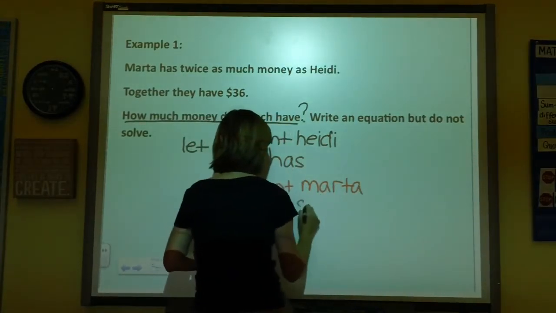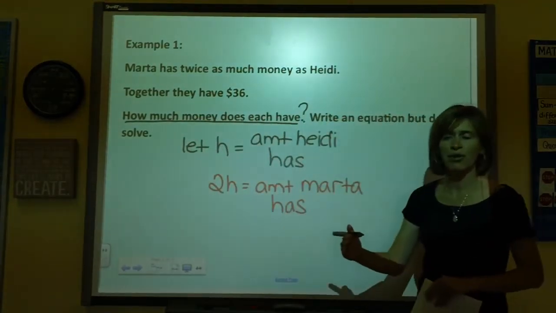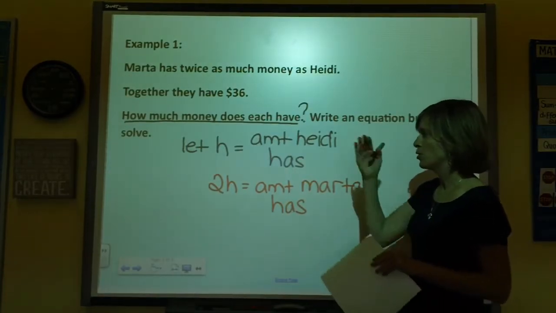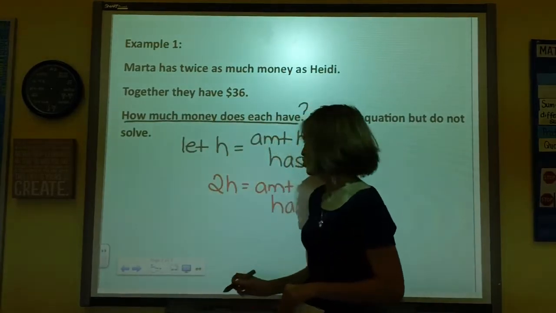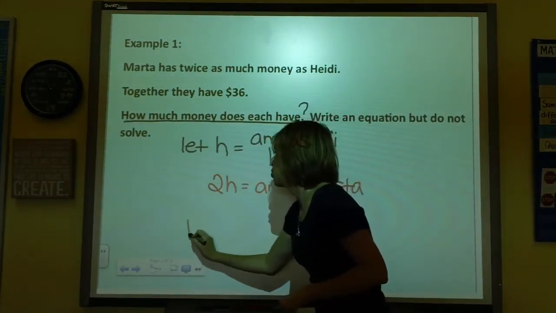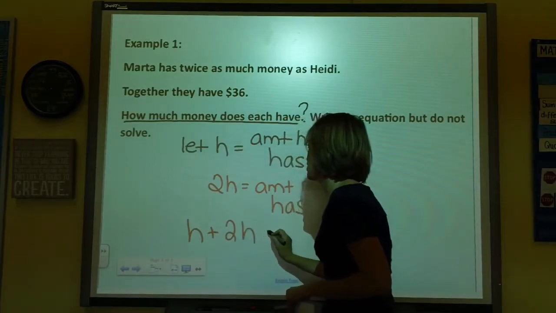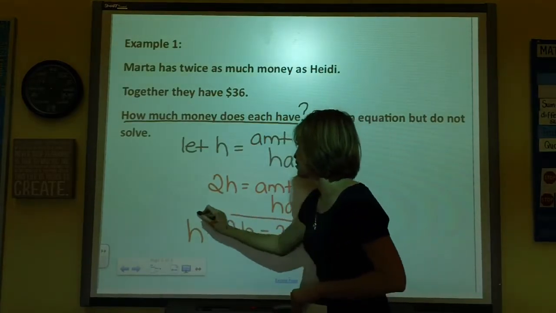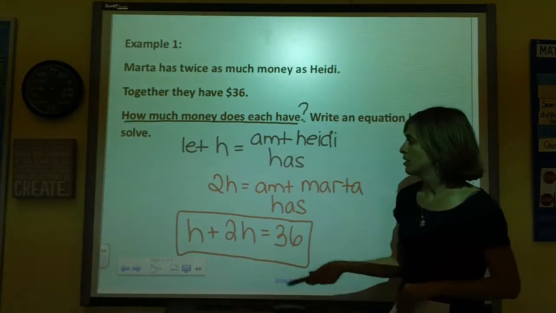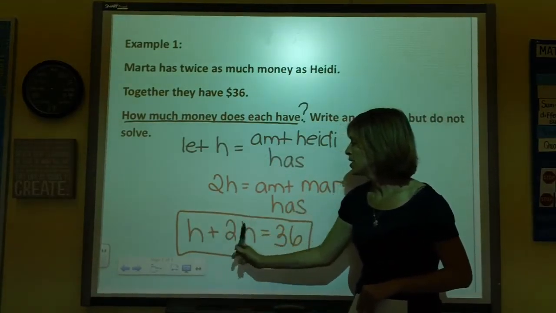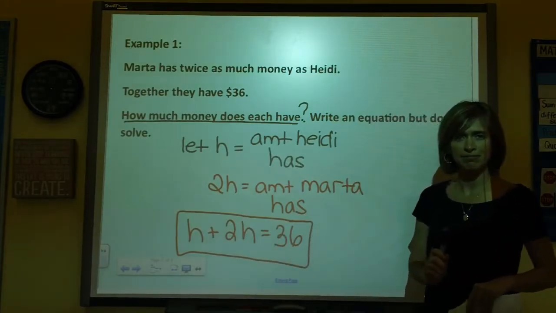That's writing one in terms of the other. Okay, now we go to write the equation. Together they have $36. So together means add. So H plus 2H equals 36. And there's my equation. A one variable equation that tells me Heidi plus Marta equals 36.